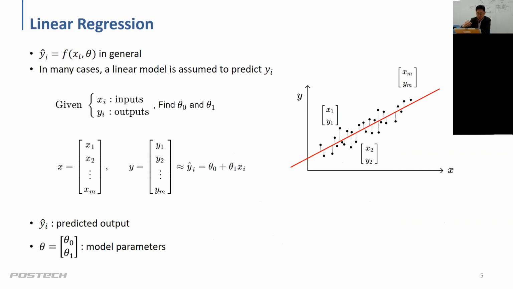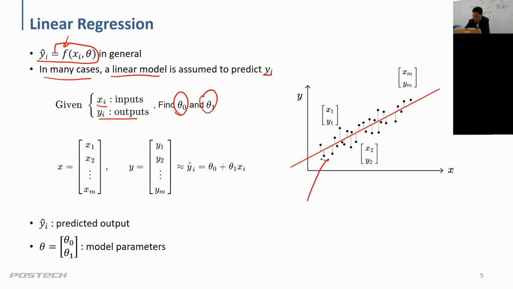And again, in many cases we can start with any kind of function as a model, but in this case we're going to assume it's a linear model to predict y, and we have inputs and outputs, and these two are going to be the parameters.